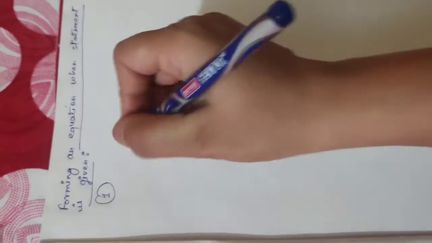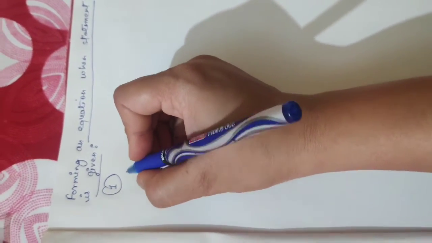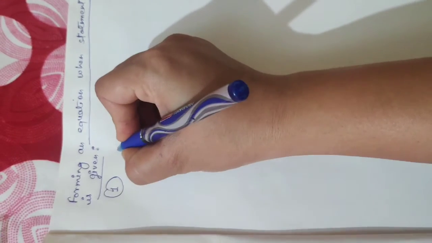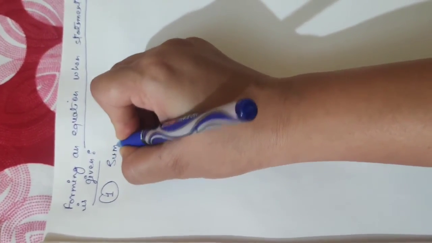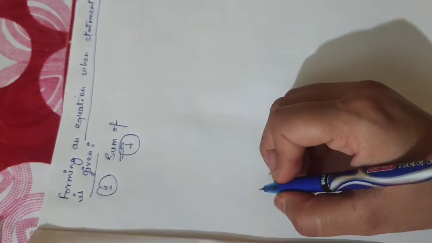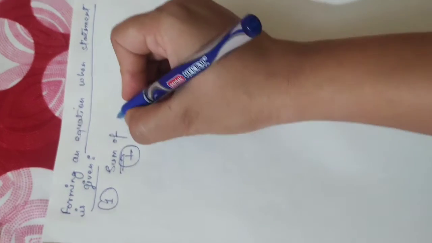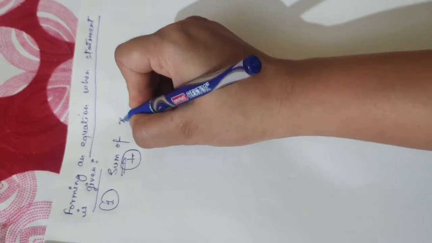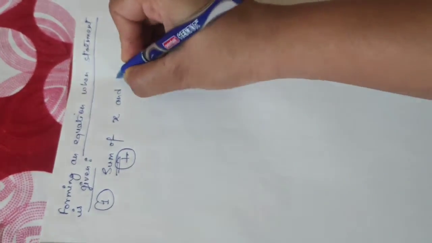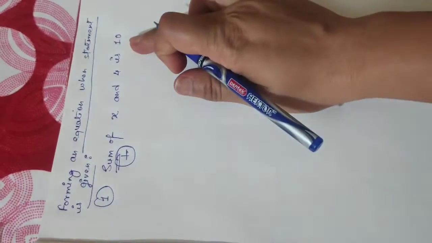Suppose the first operation in maths is addition. So the question may ask that if sum of, sum means plus, to add. So if the statement is of type sum of x and 4 is 10, this type of statement may come.